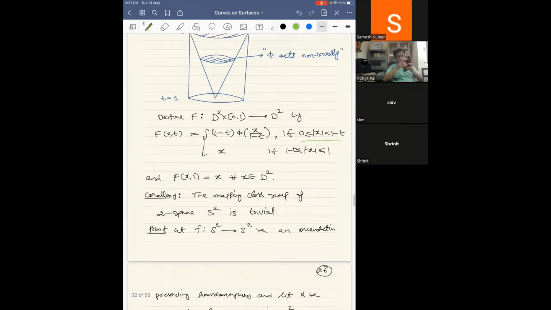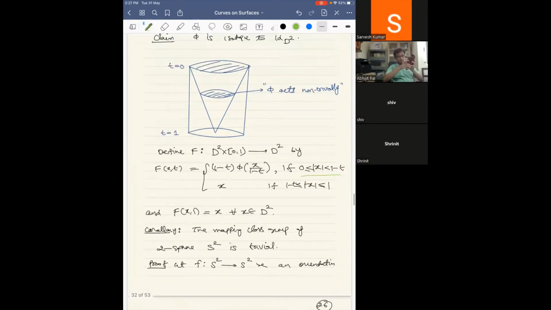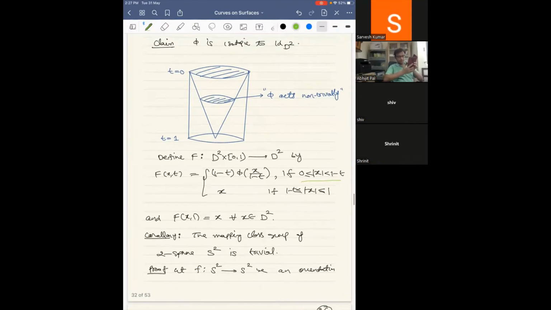And then one can clearly see, at time t equal to 0 you are here, so your whole region is f. So this is your f, and then your f is kind of shrinking. At each level you can see this, your f is shrinking, and ultimately everything becomes identity.